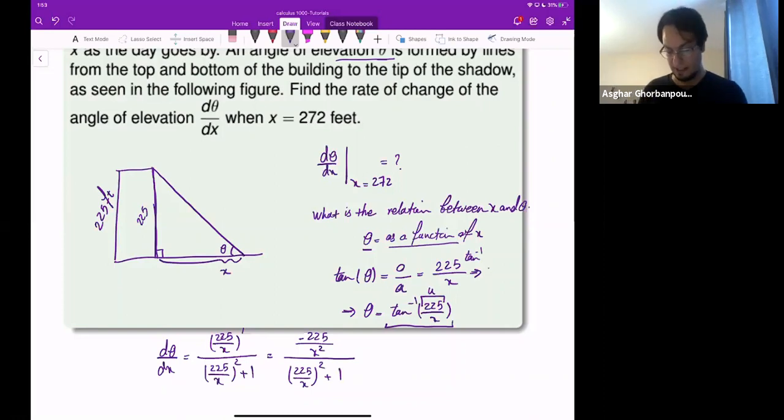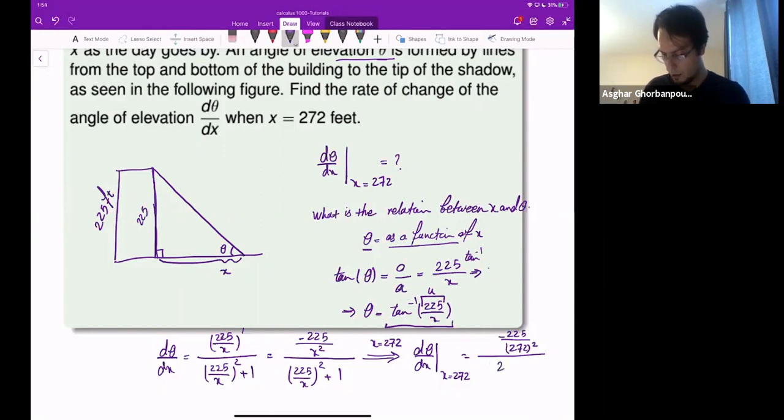This is the derivative, but we want to have that when x is 272, so d theta dx at x equal to 272 is equal to negative 225 over 272 squared over, oh, there's no negative down there.